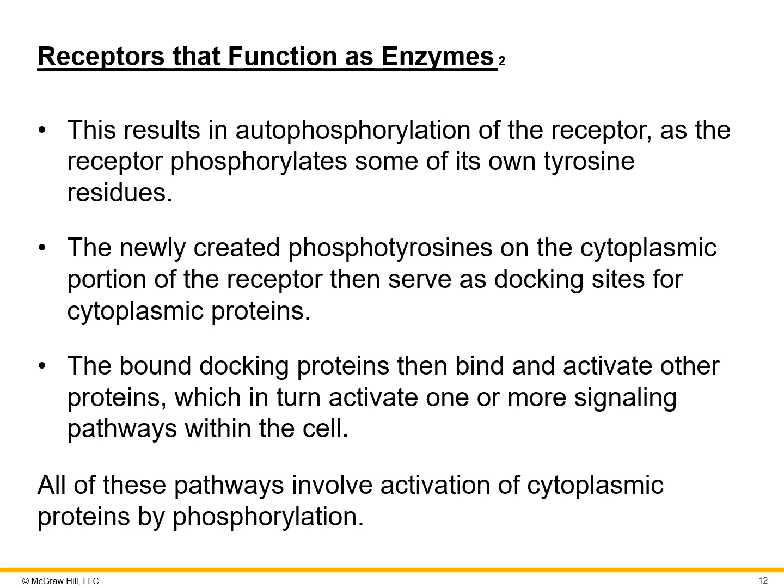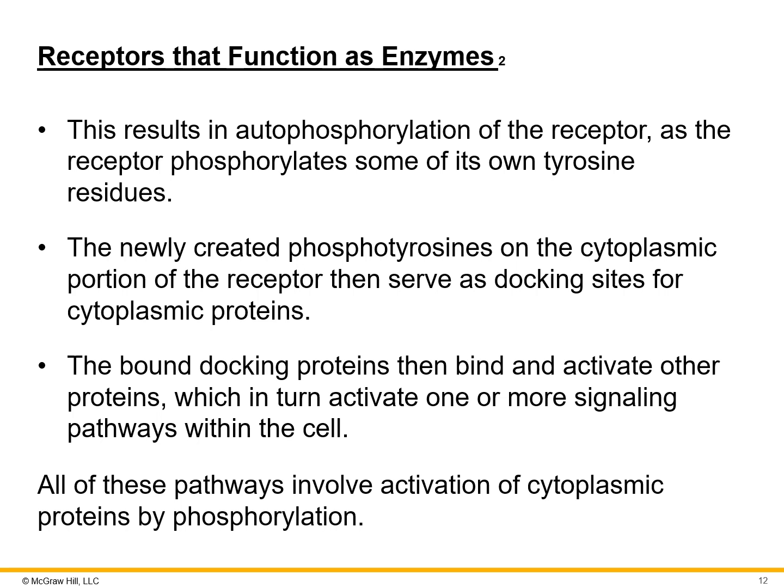So enzymes can phosphorylate the receptor itself, as the receptor phosphorylates some of its own tyrosine residues. And tyrosine is an amino acid. The newly created phosphotyrosines on the cytoplasmic portion of the receptor then serve as another docking site for cytoplasmic proteins.